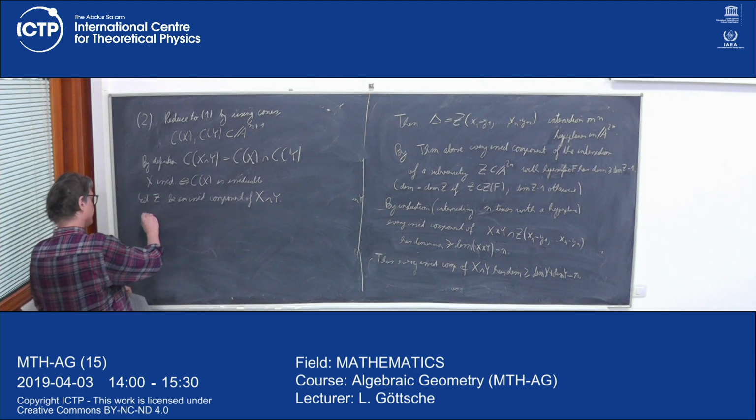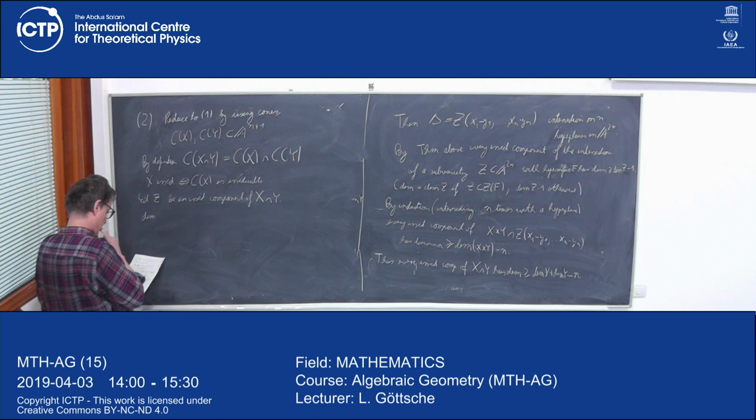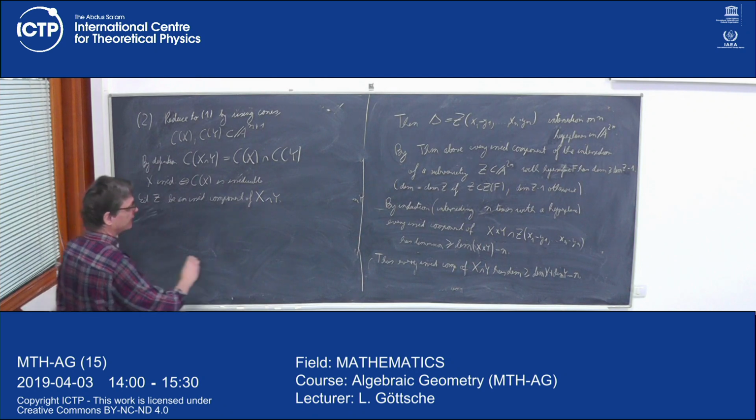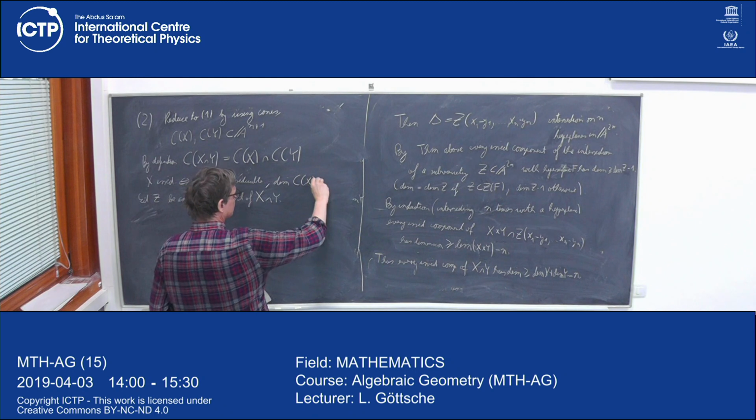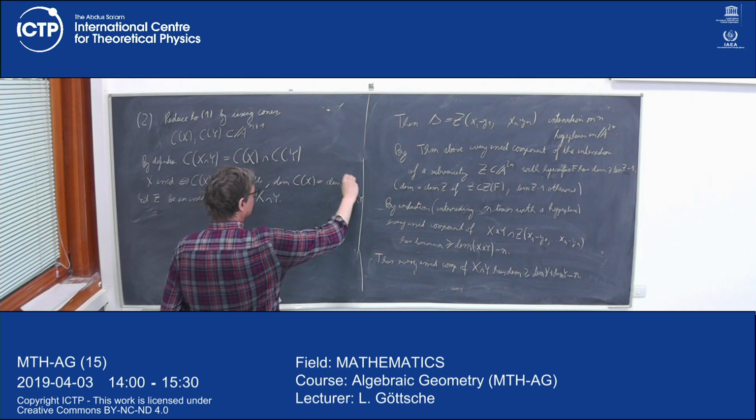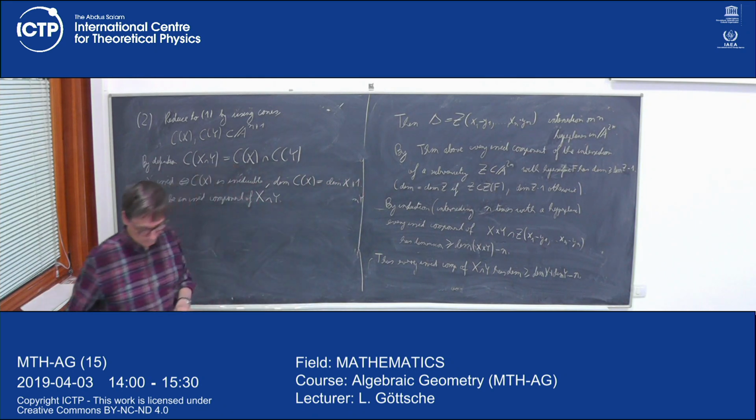So we have, I should also have said this, that the dimension of the cone over X we had seen is equal to the dimension of X plus 1.